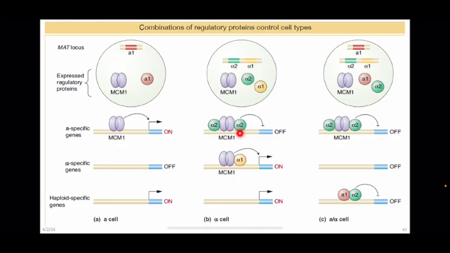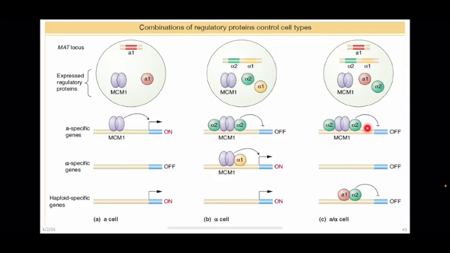But now we want our cell to be alpha, so alpha 2 will bind to MCM1 so that it cannot turn on A specific genes. Then alpha 1 is responsible for the regulation of alpha specific genes. So in alpha cells, alpha 1 is responsible for the expression of alpha specific genes, but in A cells it is MCM1 which is responsible.